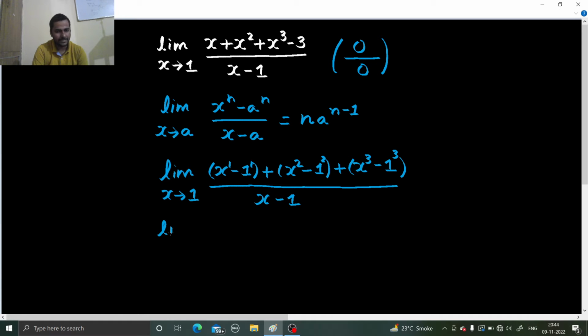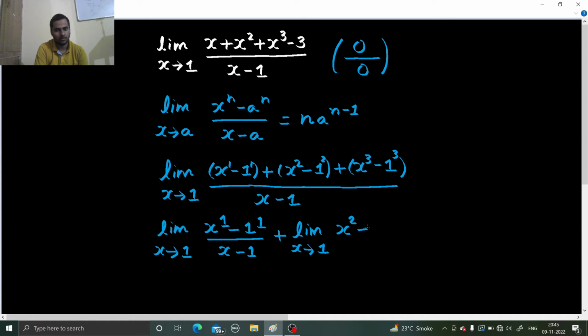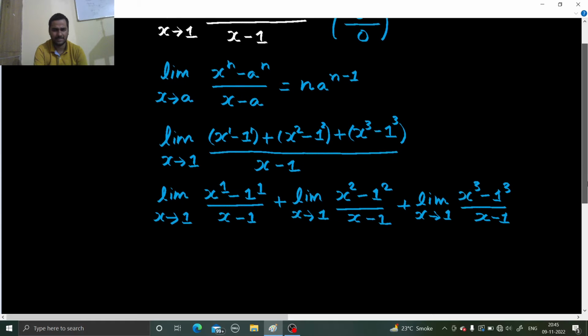So now if I separate them: limit x tending to 1, x power 1 minus 1 power 1 divided by x minus 1, plus limit x tending to 1, x power 2 minus 1 power 2 divided by x minus 1, plus limit x tending to 1, x power 3 minus 1 power 3 divided by x minus 1. Is it true? This is the basic algebra of limits. We can do this.